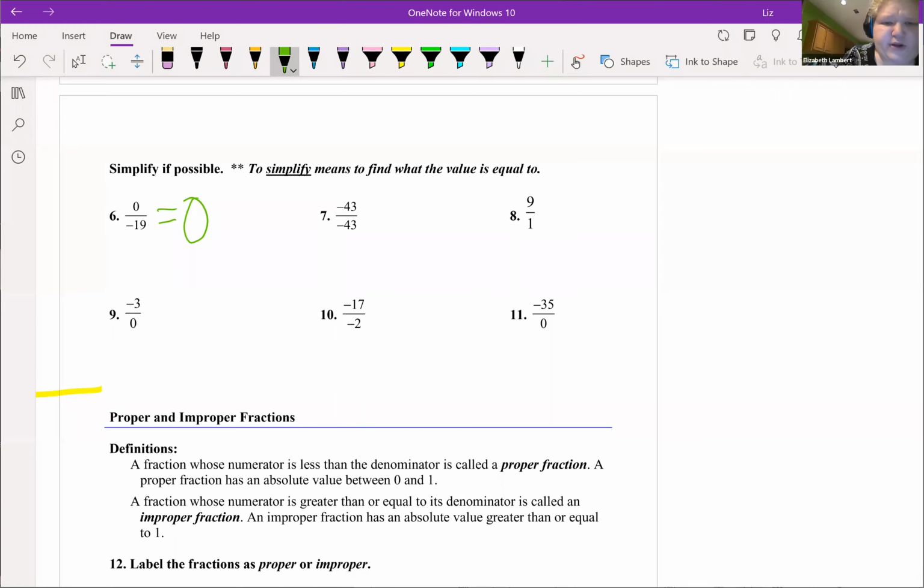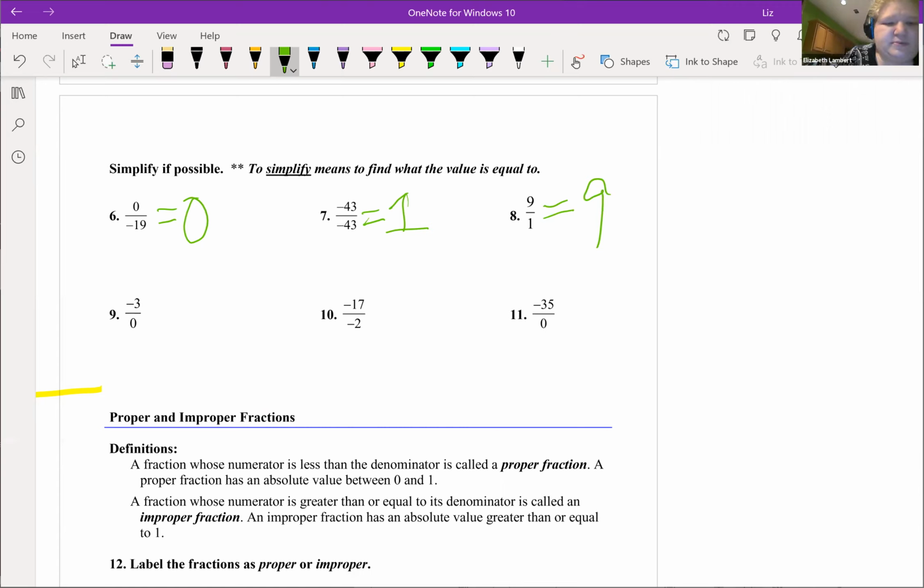I have negative 43 copies of negative 43rds. Well, I know negative over negative is going to be positive. 43 parts out of size 43rds is 1 whole. So just 1. And then 8, I have 9 copies of things that are 1 whole size. So this is just the same as the number 9.